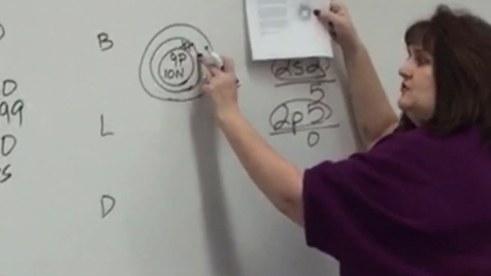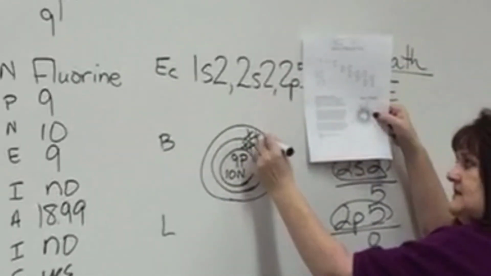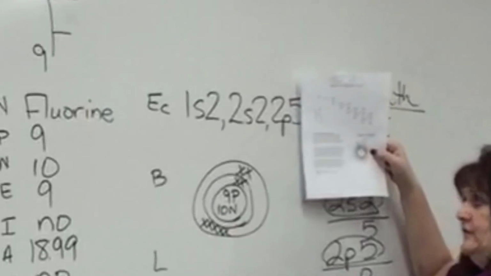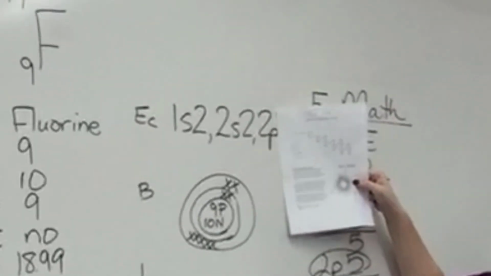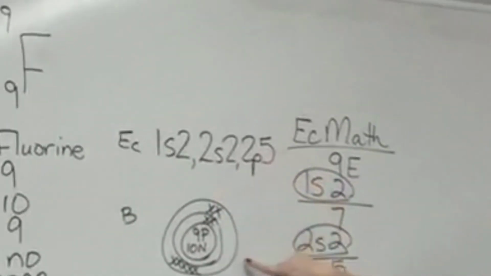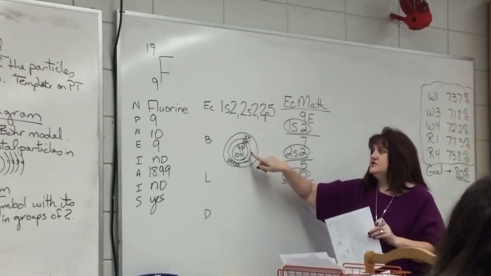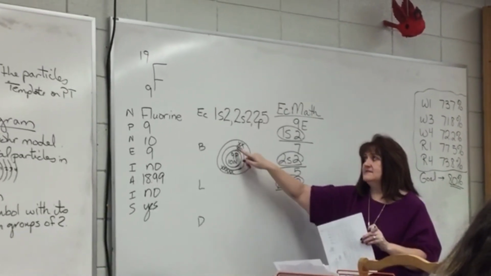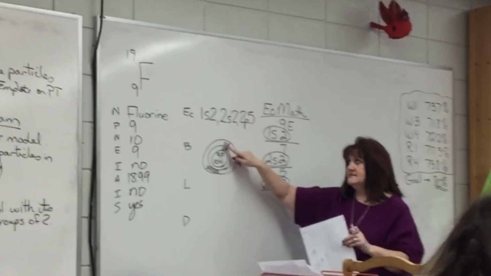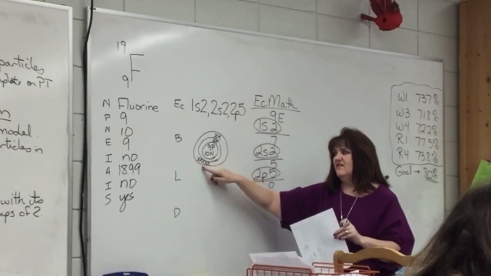But I have 2 on 1S, 2S2, and 2P5. I follow my written directions to draw my map. Shell 1, section S, 2 seats. Shell 2, section S, 2 seats. Shell 2, section P, 5 seats.